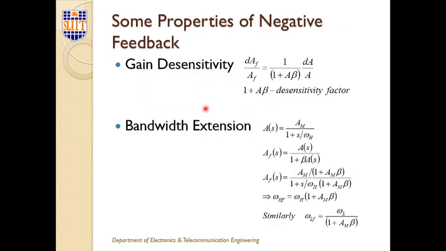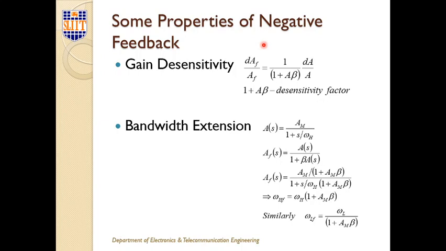Now gain sensitivity is the derivative of Af over Af, which becomes, if you simply use the feedback gain, 1 over 1 plus Aβ. You can see that it is reduced by a factor of 1 plus Aβ in negative feedback, right?